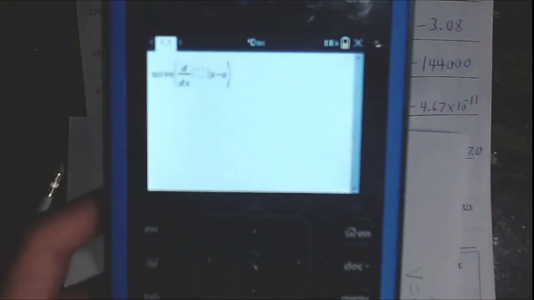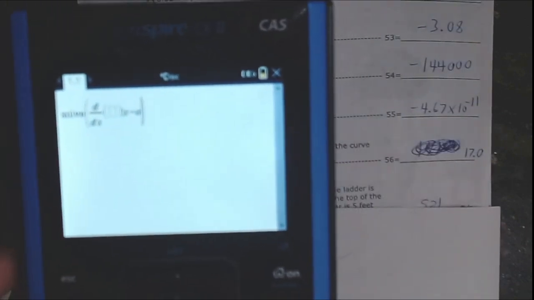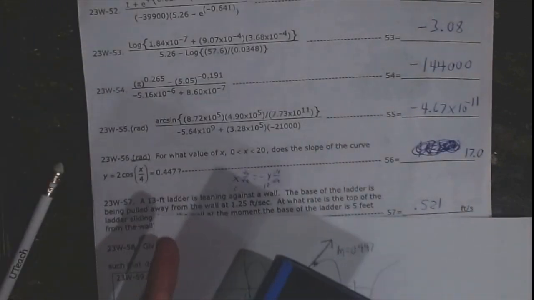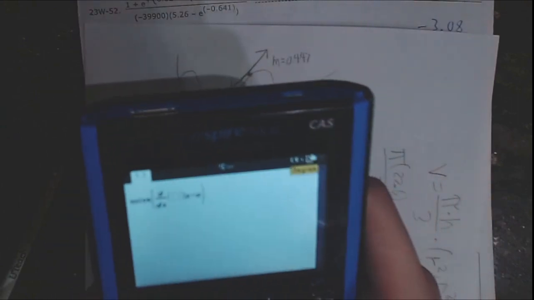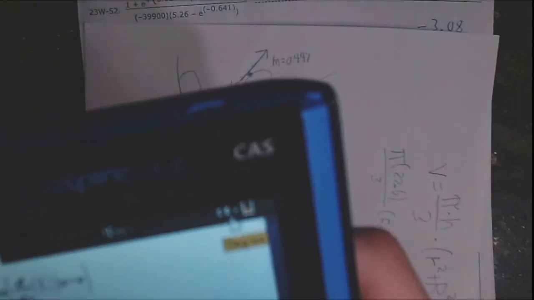I'm just going to copy this and put it into an n-solve equation. The reason I'm doing that is because I'm going to set this derivative at a point equal to that value, 0.447. Make sure we're in radians; here it's in degrees, so I'll click that and turn it to radians.